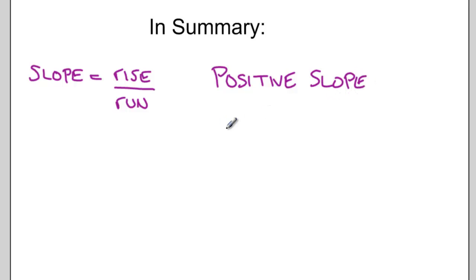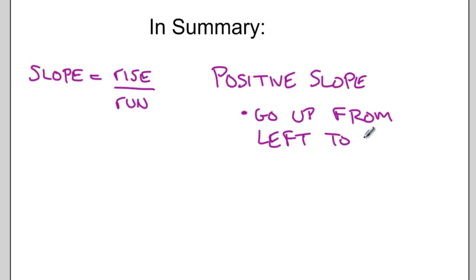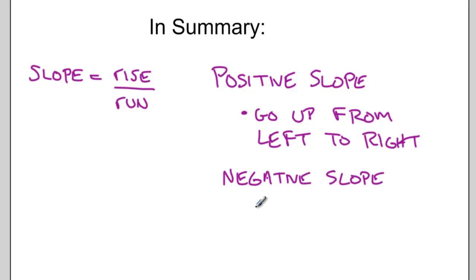Lines with positive slope look like they go up as we read the graph from left to right. And lines that have negative slope look like they go down from left to right.